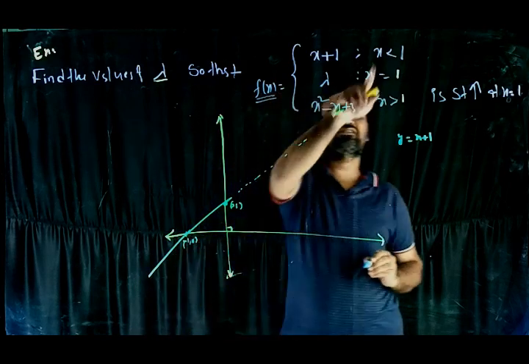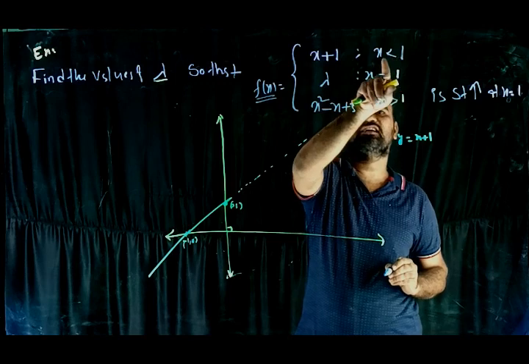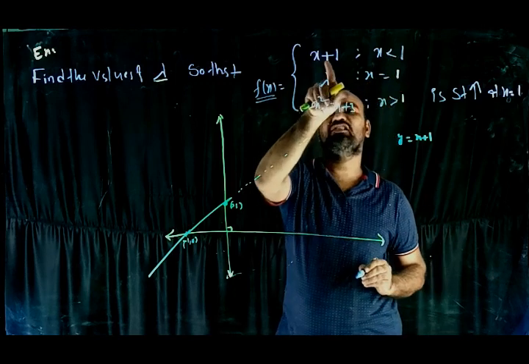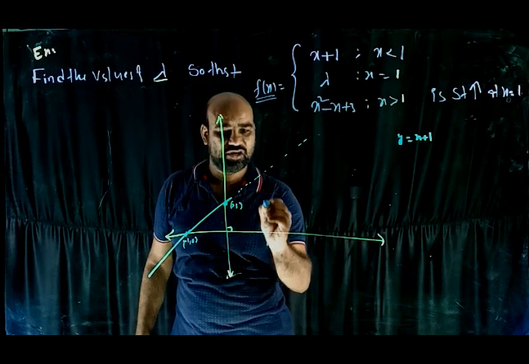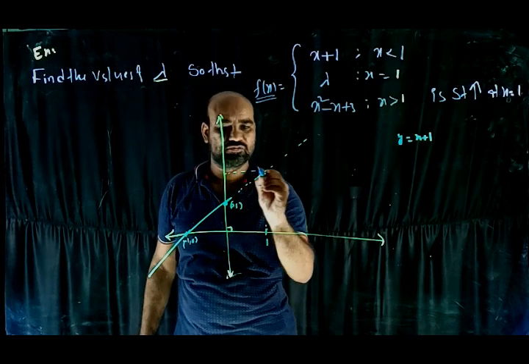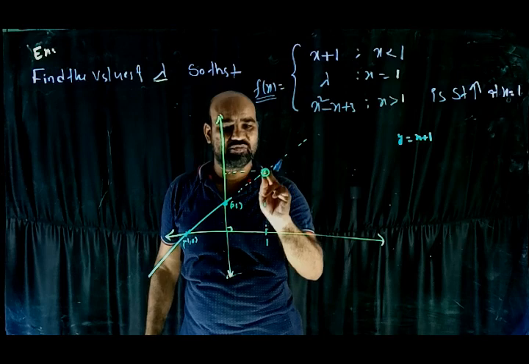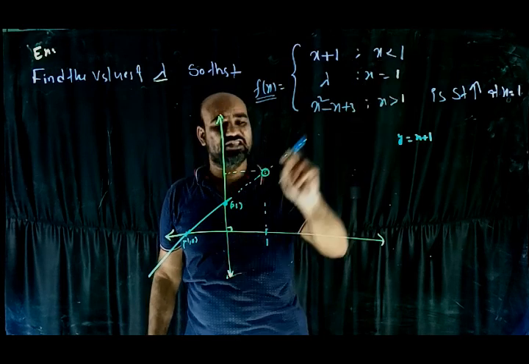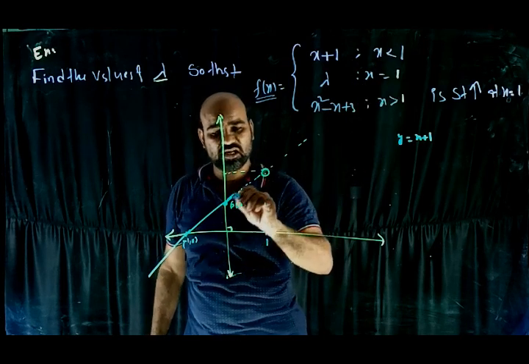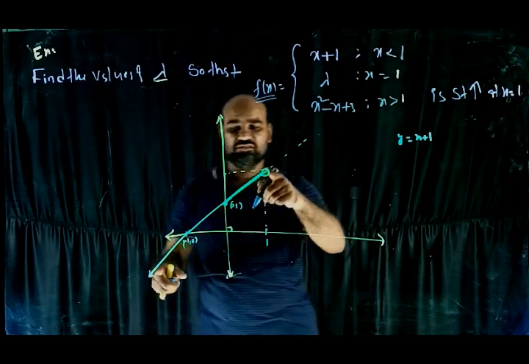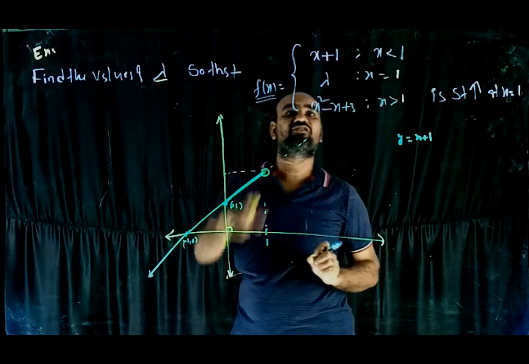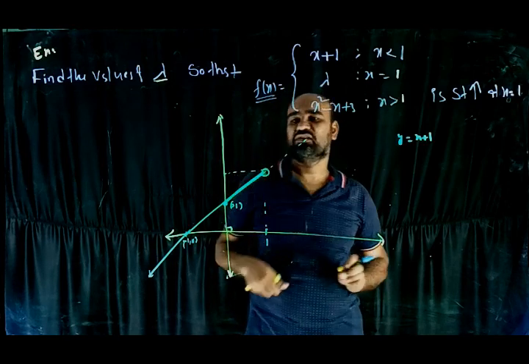Okay, but x less than 1. At x equal to 1, the corresponding value is 2. An open circle, because 2 is not included, as it is less than 2. That's why the graph is this. Okay, this is the graph of y equal to x plus 1.